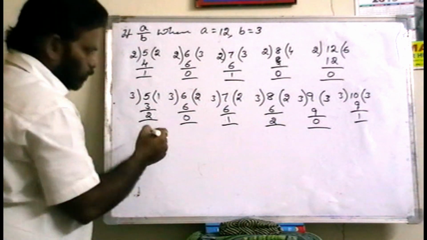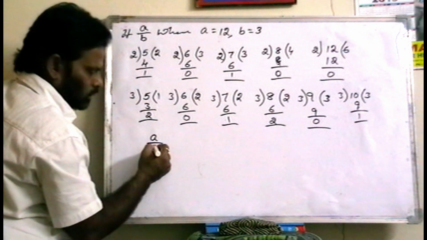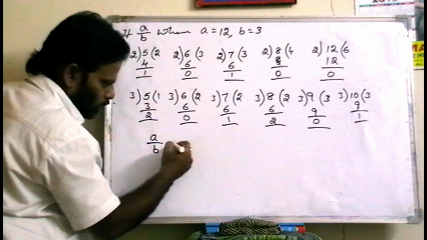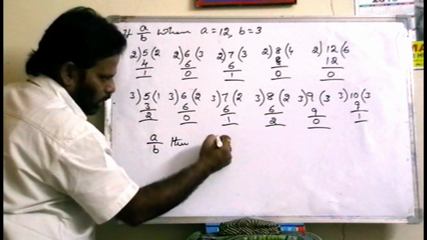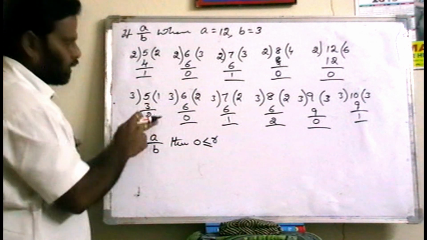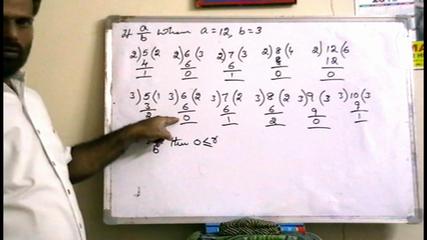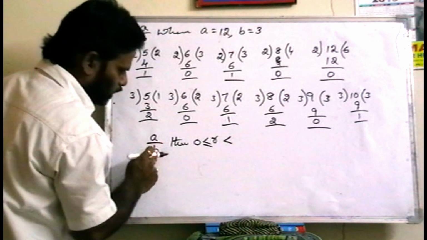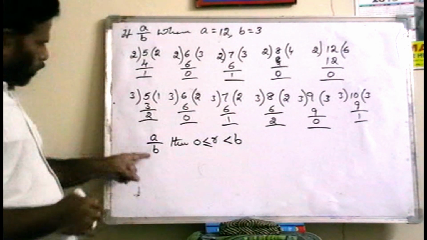That means if any number is divided by b, where b is not equal to 0, the remainder r is compulsorily more than or equal to 0. Remainder may be equal to 0 or more than 0, but compulsorily it should be less than b, the divisor, but not more than the divisor.